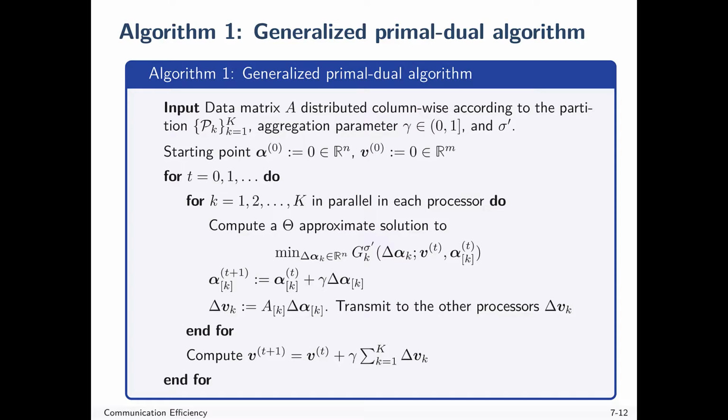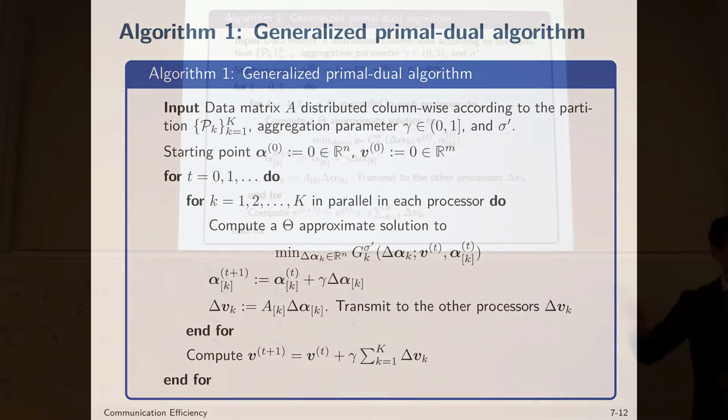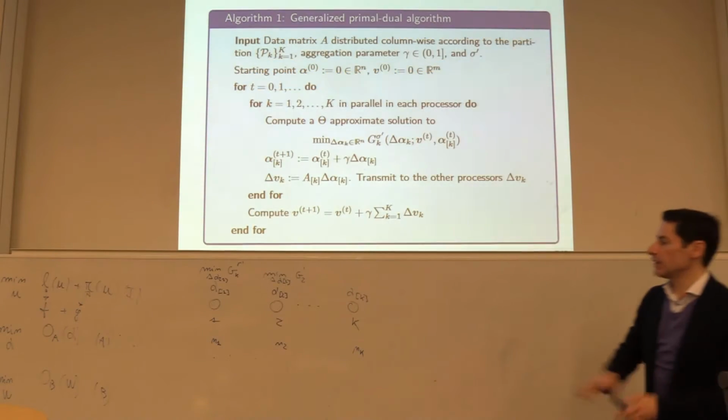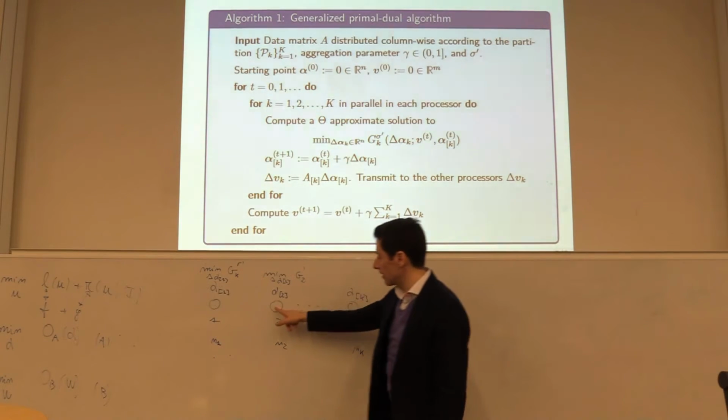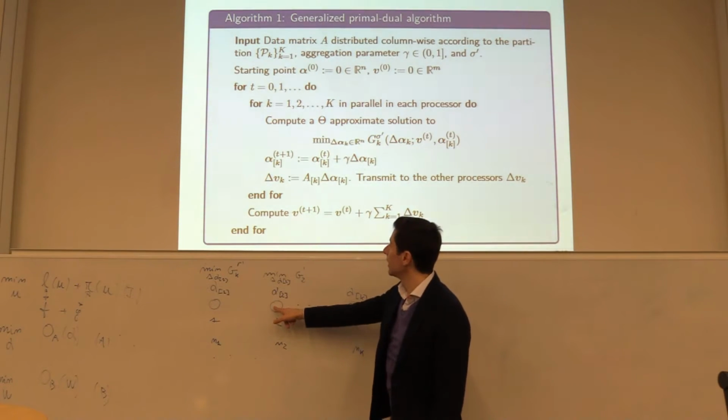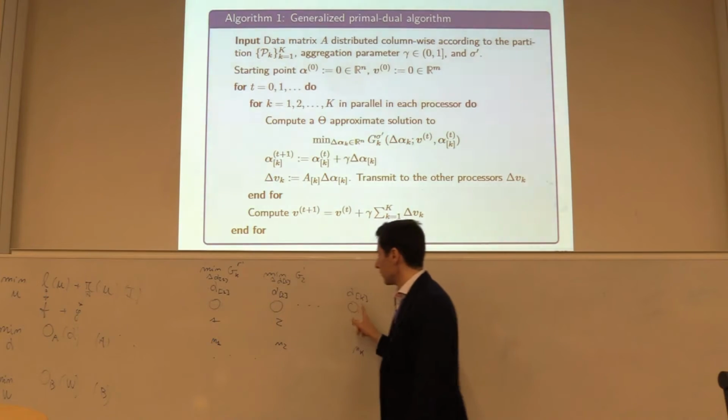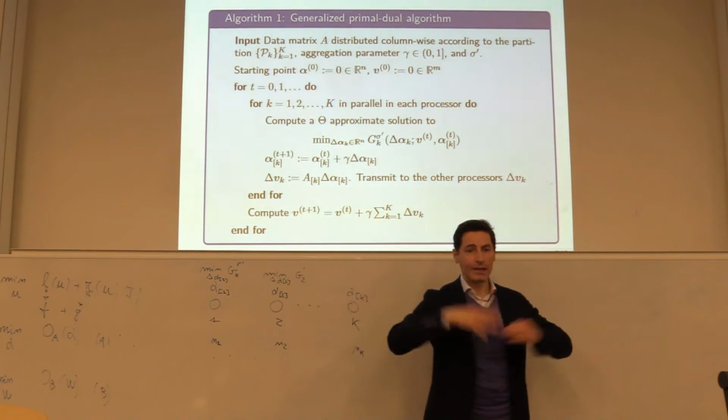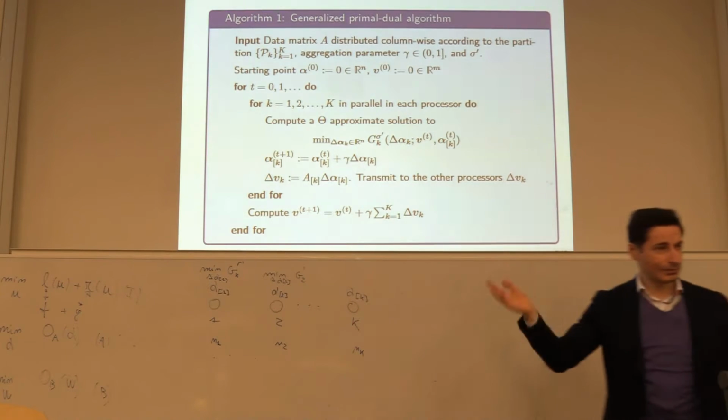It is this delta v_k that is actually communicated to everybody. So the communication scheme here is that this node has to send the delta v_k to everybody, and everybody has to do the same. So it's a broadcast to everybody.